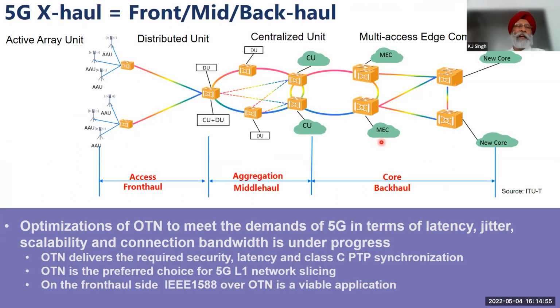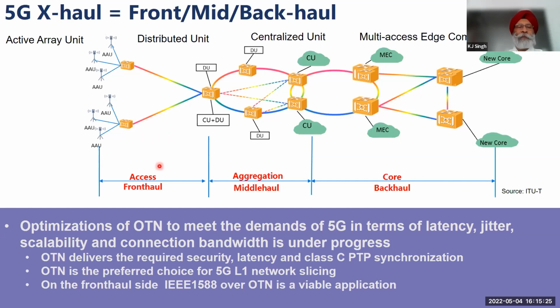Everybody is interested in 5G. 5G is, in my view, quite a complex technology, and it's also not clear what the first use cases are. I'll just put this slide to introduce some of the places where OTN and DWDM have been conceived in this architecture.